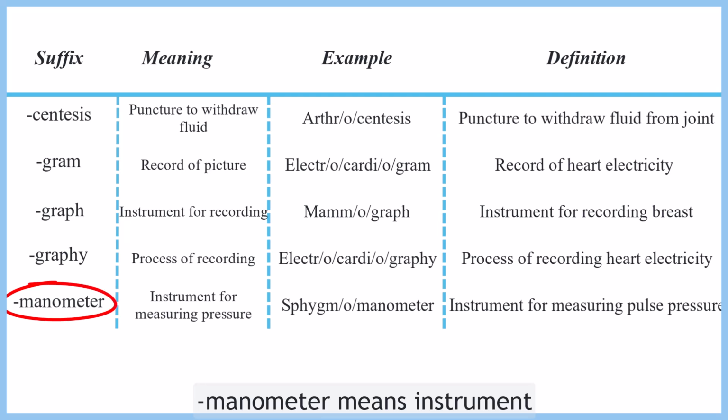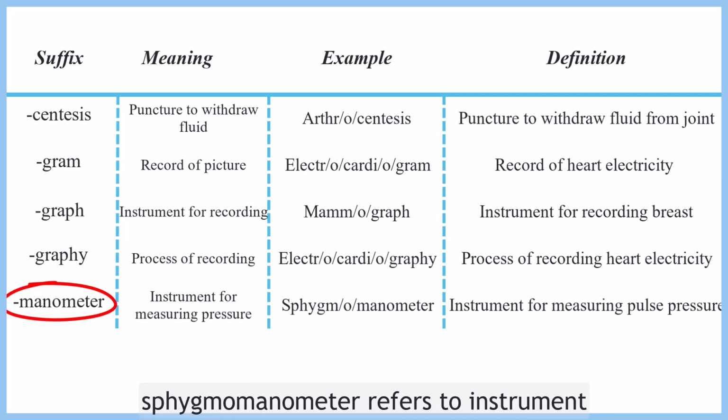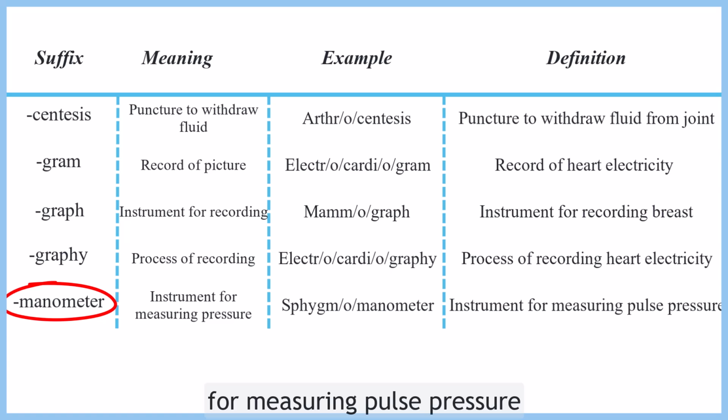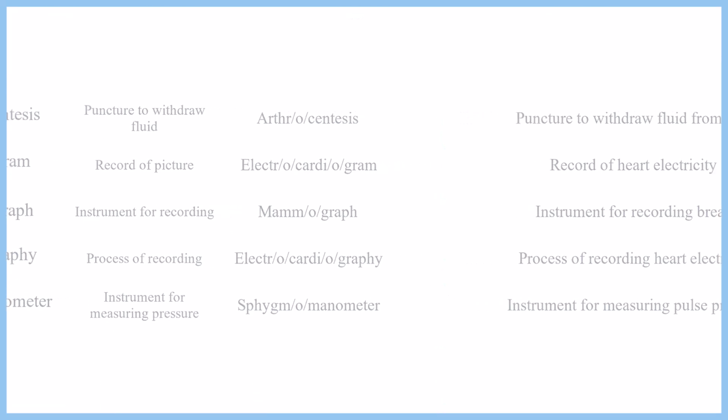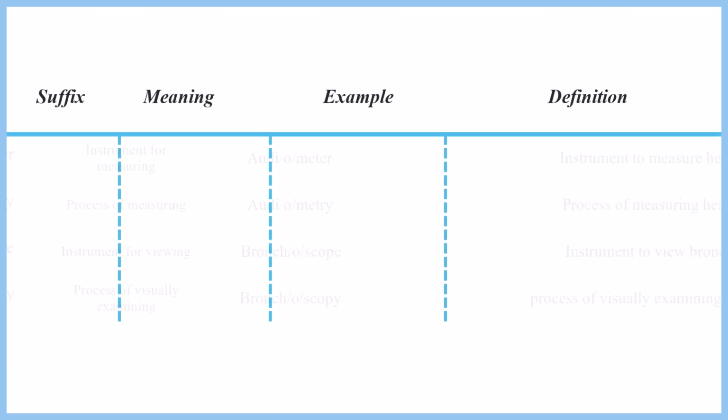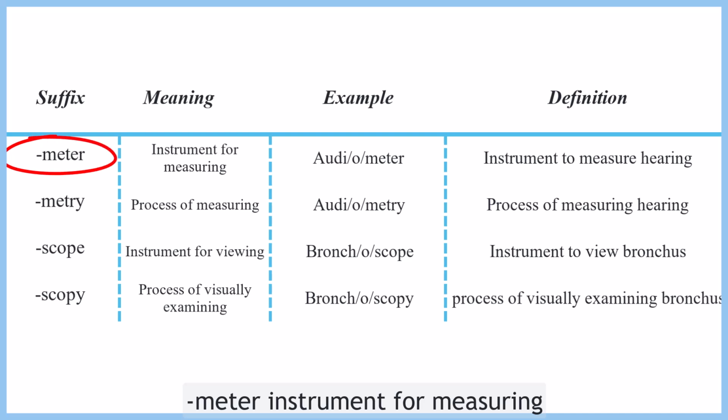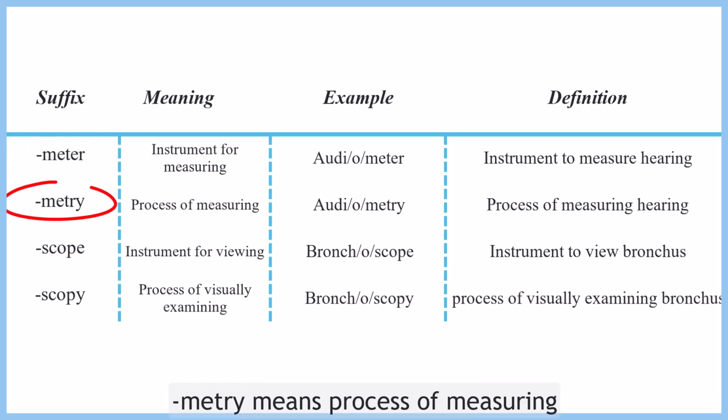Manometer means instrument for measuring pressure. Sphygmomanometer refers to the instrument for measuring pulse pressure. Meter, instrument for measuring. Audiometer, it is an instrument to measure hearing. Metry means process of measuring.